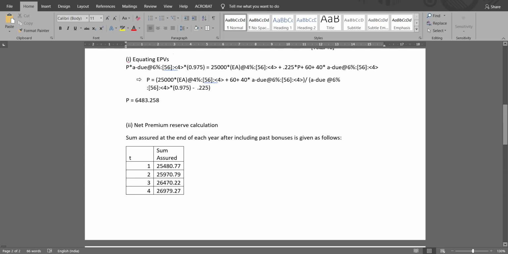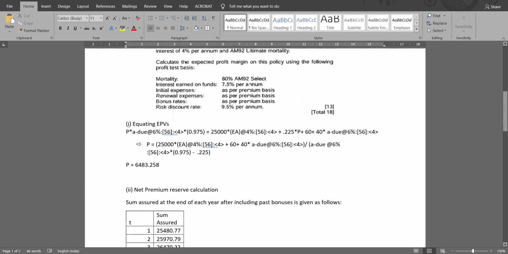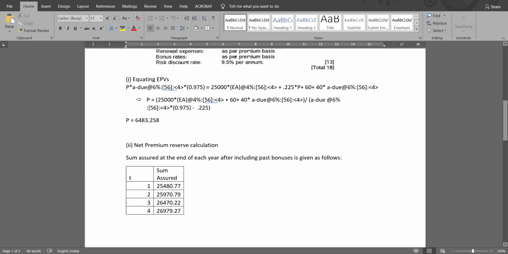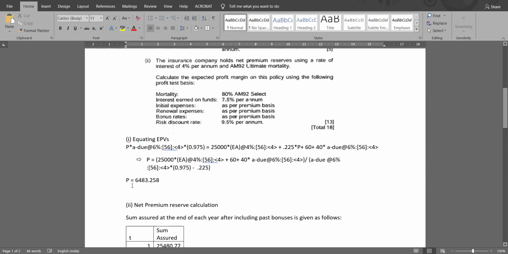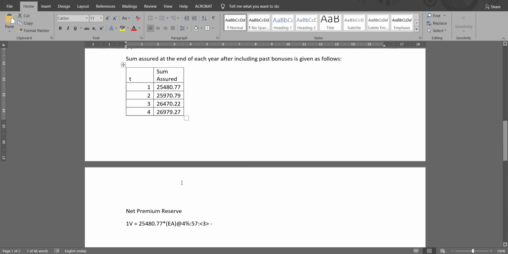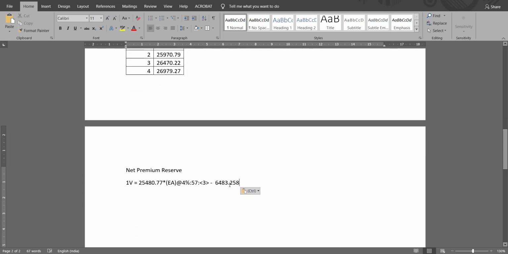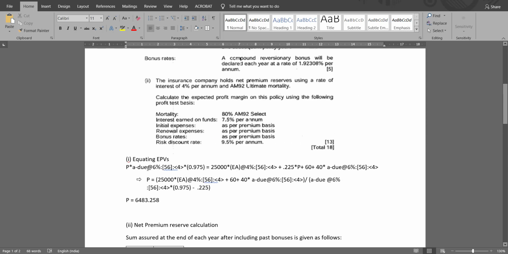So what is the amount of premium that you are receiving every year? So your premium has come out to be this, so you can use this number directly. Maybe just write it to 2 decimal points, or maybe just write the whole thing, times the annuity function. So what will be your annuity function? It would be equal to this, right?